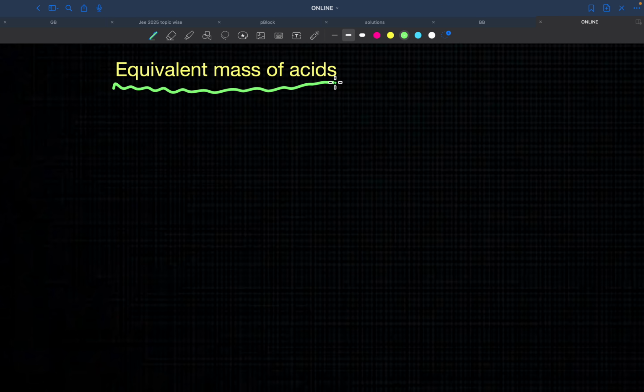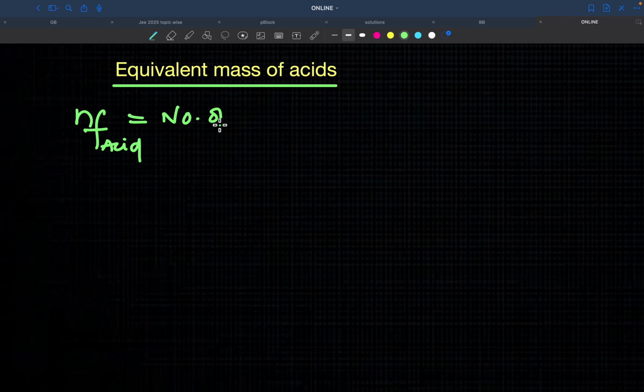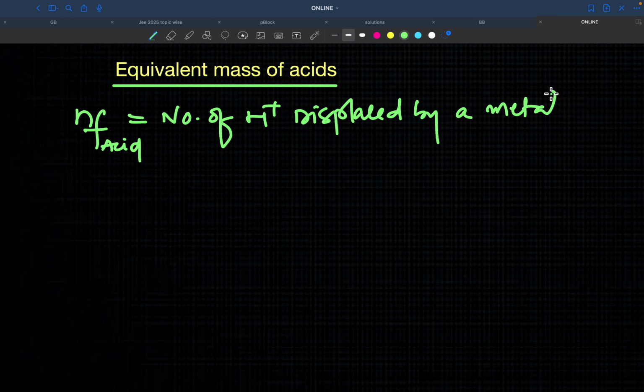The n factor of an acid is always equal to the number of H+ ions displaced by it by a metal when it reacts with a metal.